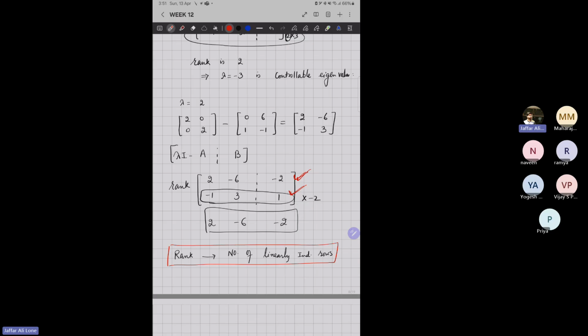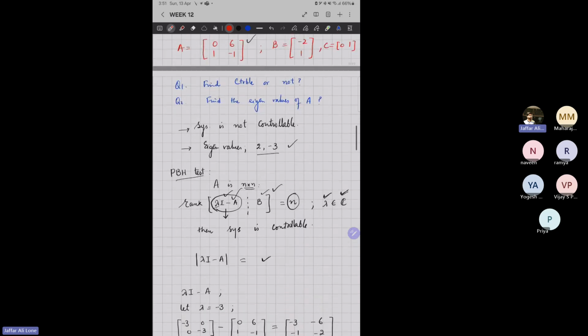It's linearly dependent. So at least for this matrix, it's rank deficient. The rank of this should at least be 2 because it's a 2 by 3 matrix. But since this first row is linearly dependent on the second row, it means the rank is less than 2. So when the rank is less than 2, it's not equal to n, it's not equal to 2. It means my system is not controllable.